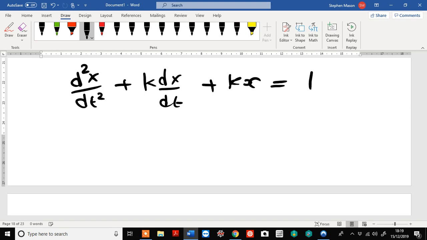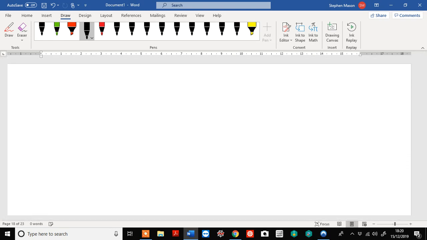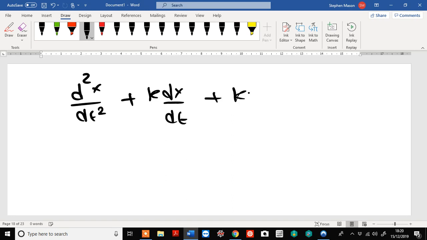Now, I'm not going to go through another identical or similar equation to that, where you've got plus 1 on the right-hand side. But we are going to look at solving an equation of the form d squared x by dt squared plus k dx by dt plus kx equal to -1.